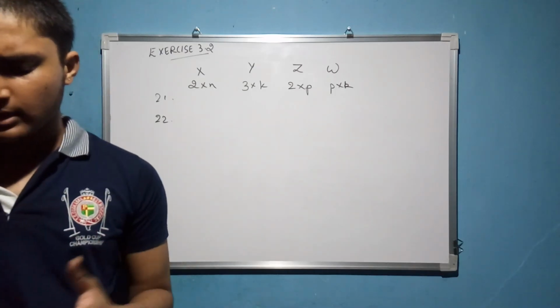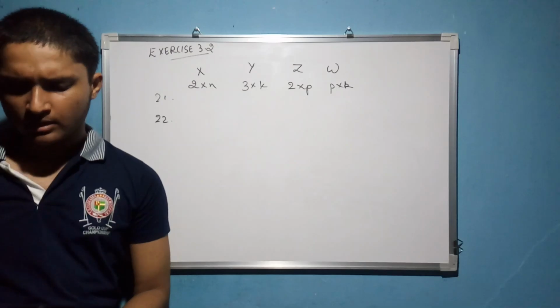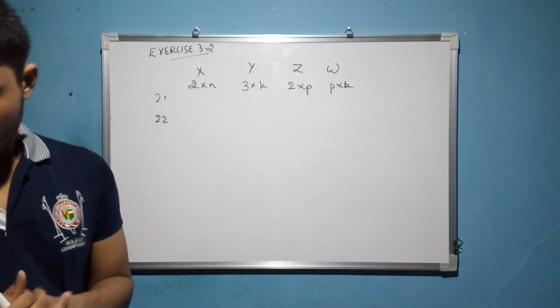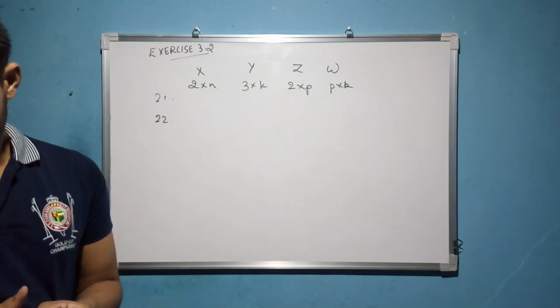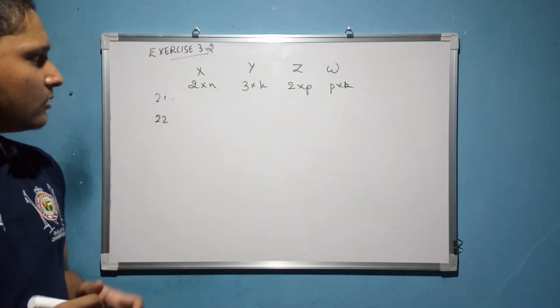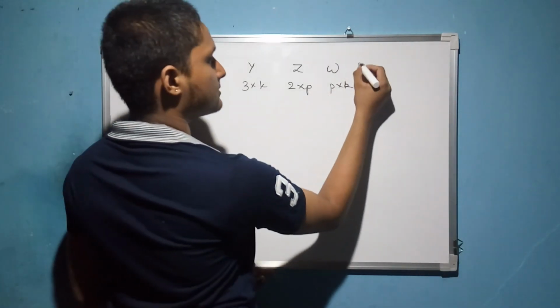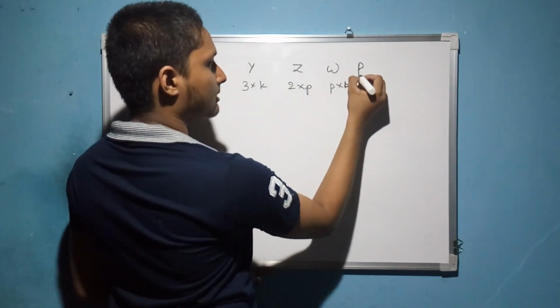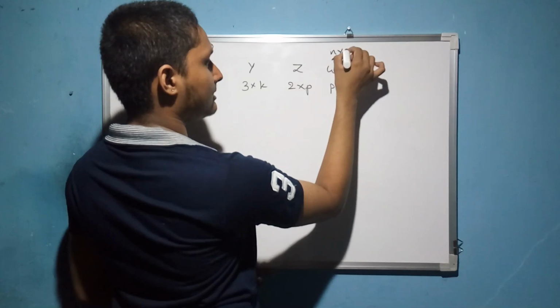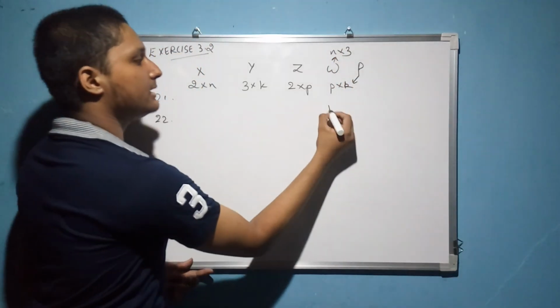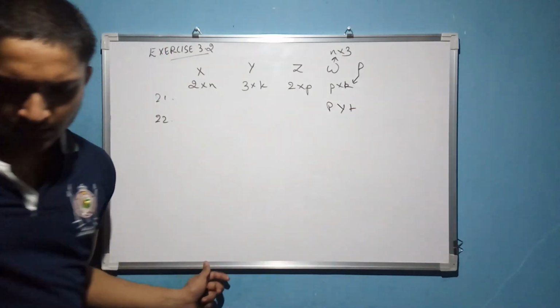So the restriction on N, P and K such that PY plus WY. Okay, PY. Oh, P was missing. Where did P go? Okay, this was for P. And this is N by 3. Yes, so you need to find PY plus WY.